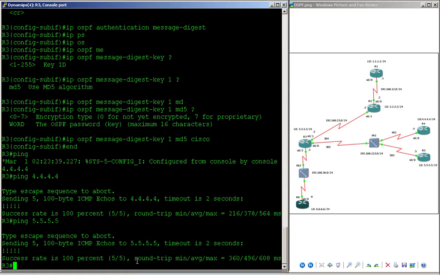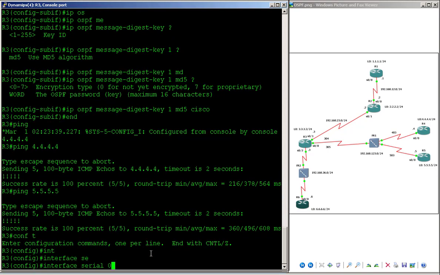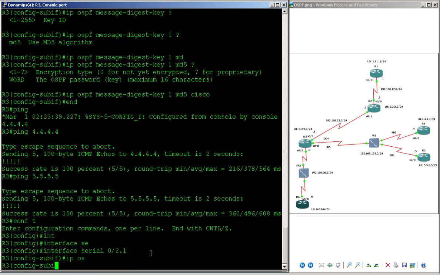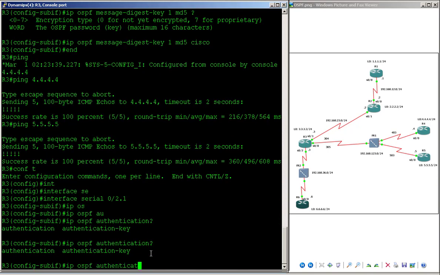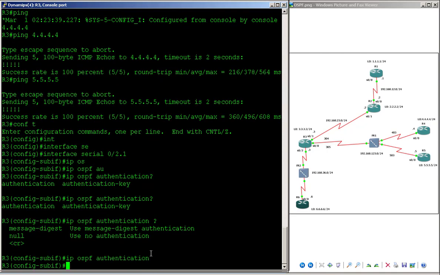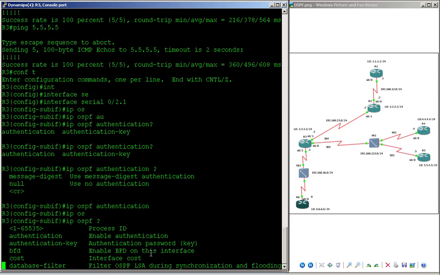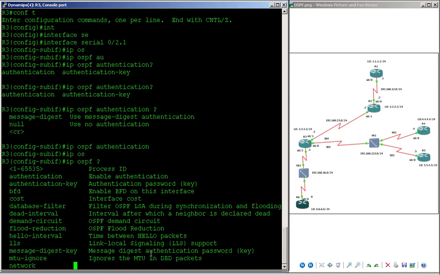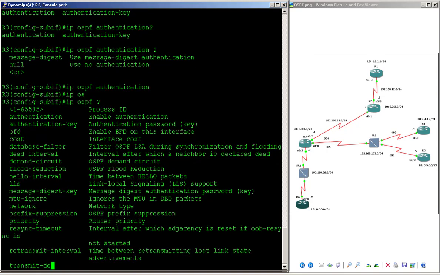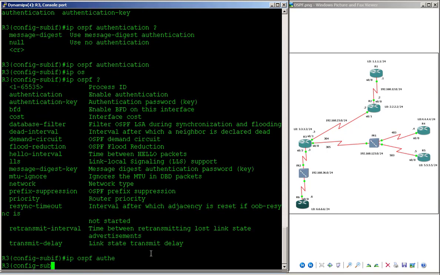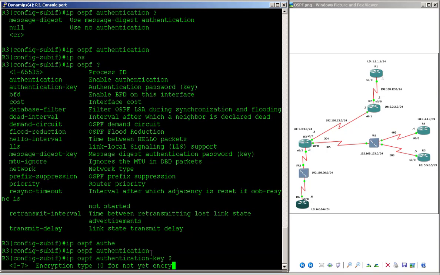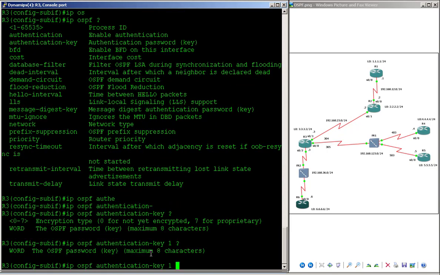I go to interface serial 0/2.1, ip ospf authentication, enter, and ip ospf authentication-key 1, and let's name it curses.